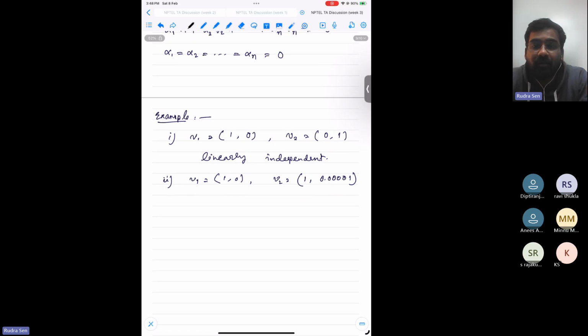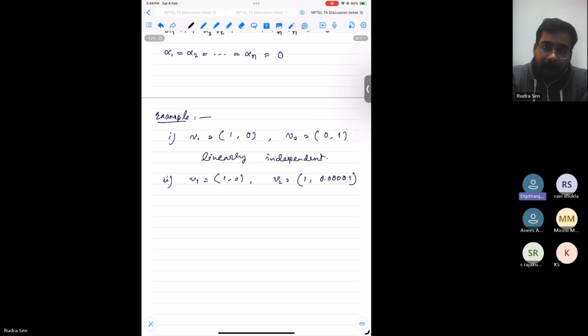If the rank is 2, that is full rank, then these two vectors are linearly independent. If it is not full rank, they are linearly dependent. Now, please tell me, are these two vectors v1 and v2 linearly independent or not?